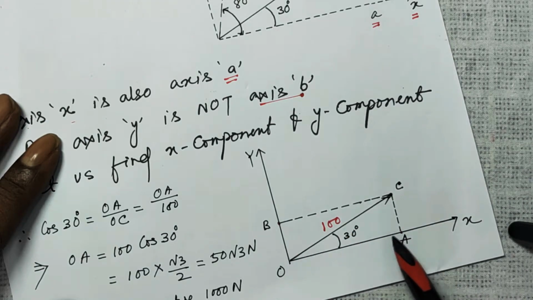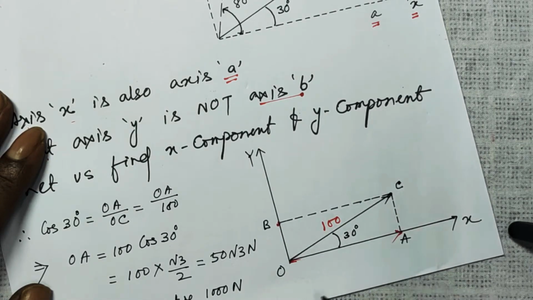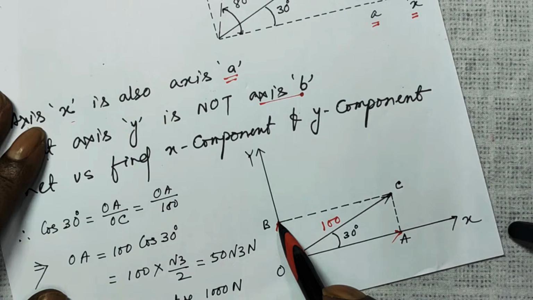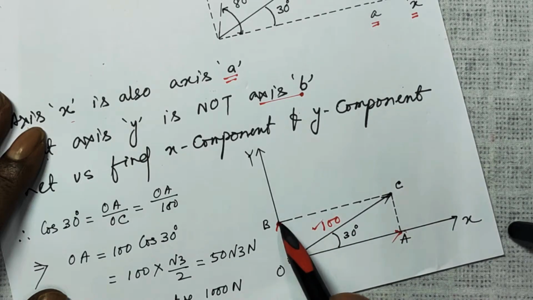Therefore, the components OA and OB are called rectangular components because the angle between OA and OB is 90 degrees. Using the parallelogram law of vector addition, considering OA and OB as two adjacent sides of a parallelogram, which in this case is a rectangle, the diagonal is the resultant of OA and OB.